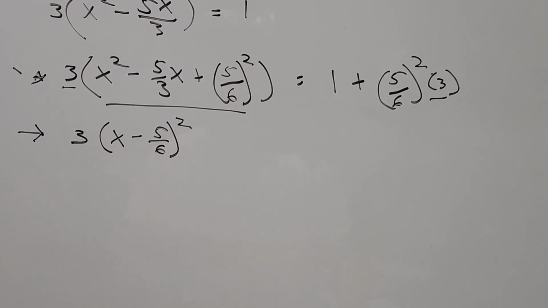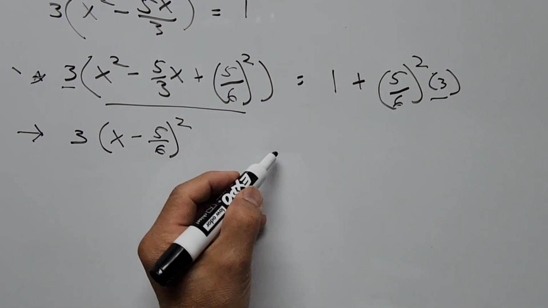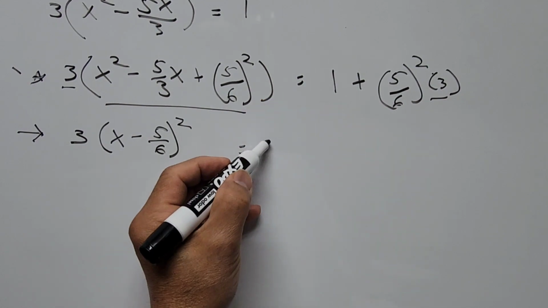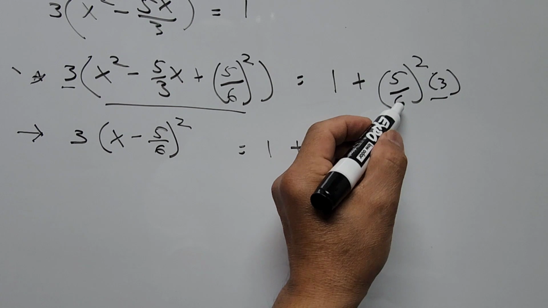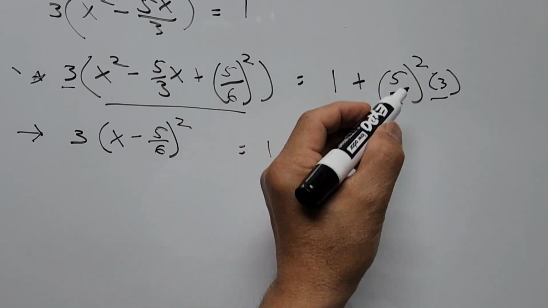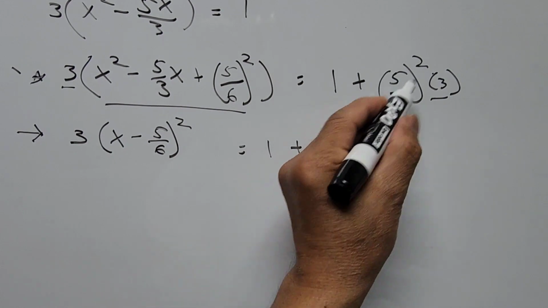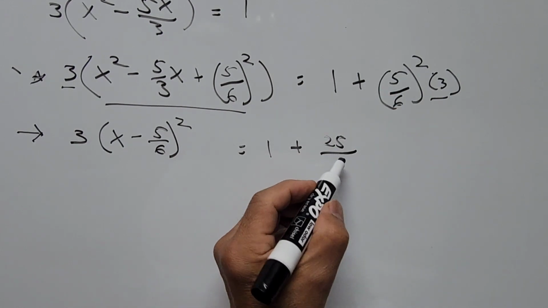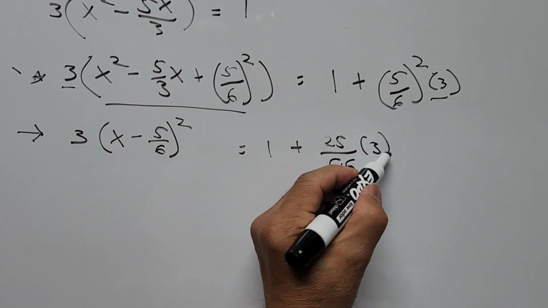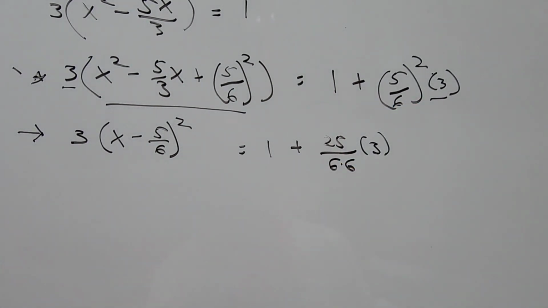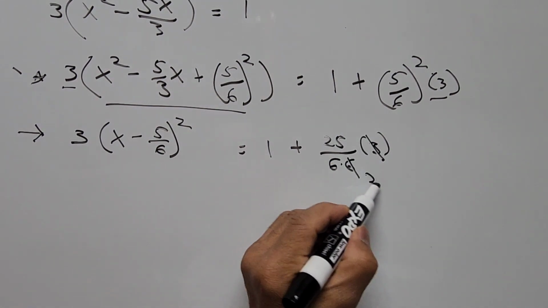So from here, we simplify the right-hand side of the equation. So we have 1 plus 5 squared over 6 squared, right? So that is 25 divided by 36. So we just put it simply as 6 times 6 and times 3. That's for the purpose of simplifying more easily. So we have 3 over 6, that's 2.